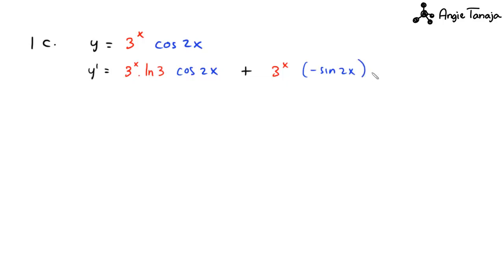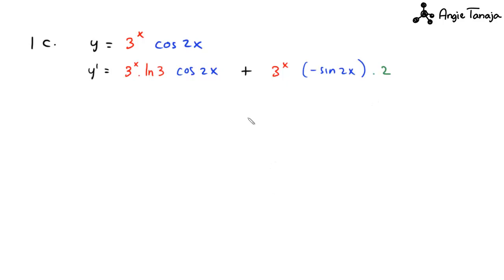y equals 3 to the x times cos 2x. I see this as uv, so we just apply u prime v plus u v prime. Now u prime for this one is 3 to the x times ln 3. Our v prime will be negative sine 2x times 2.